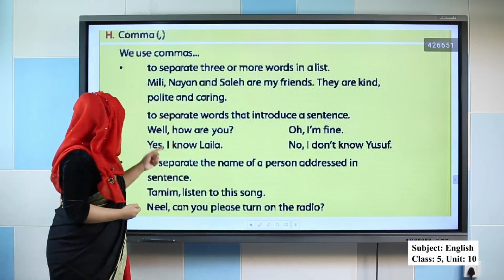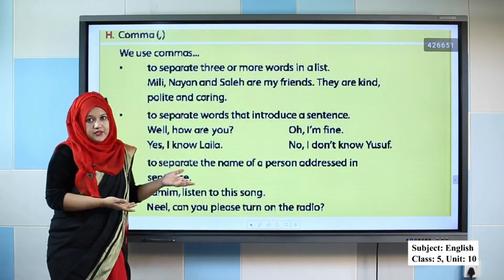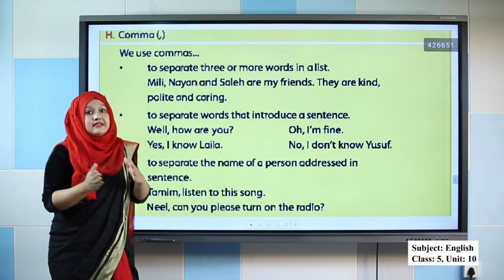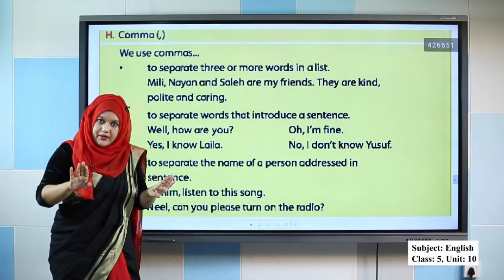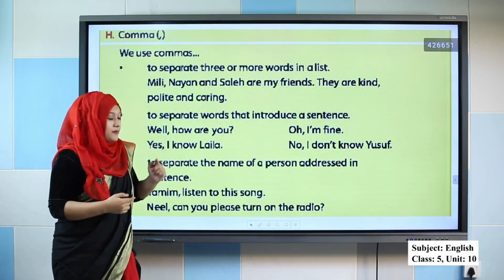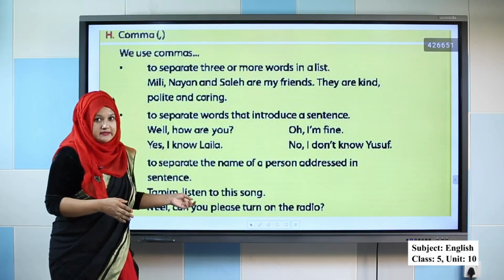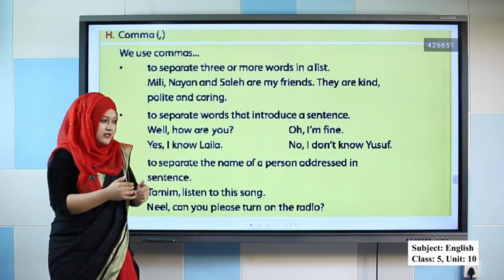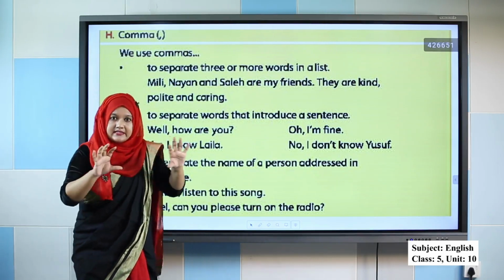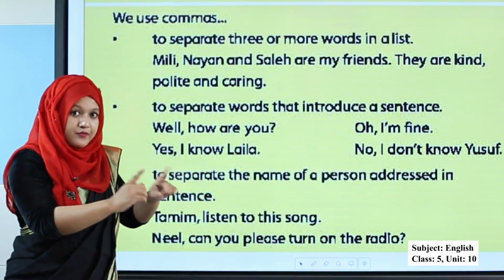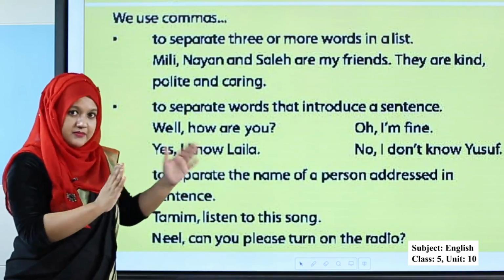And then the third rule, to separate the name of a person addressed in a sentence. Okay, if we have a name in a sentence, we need to separate the name from the sentence.